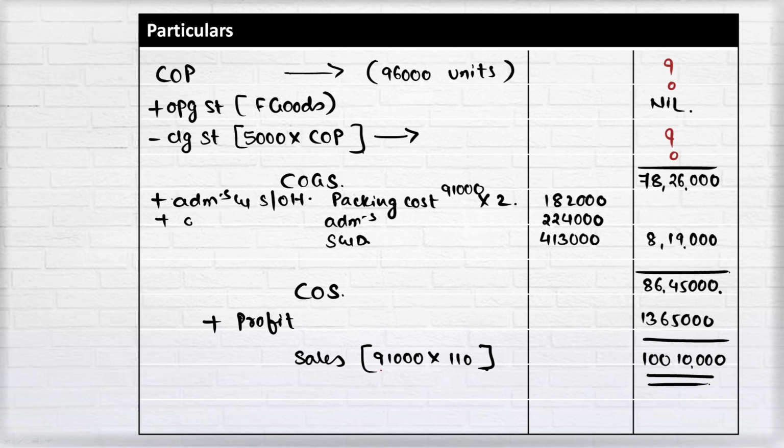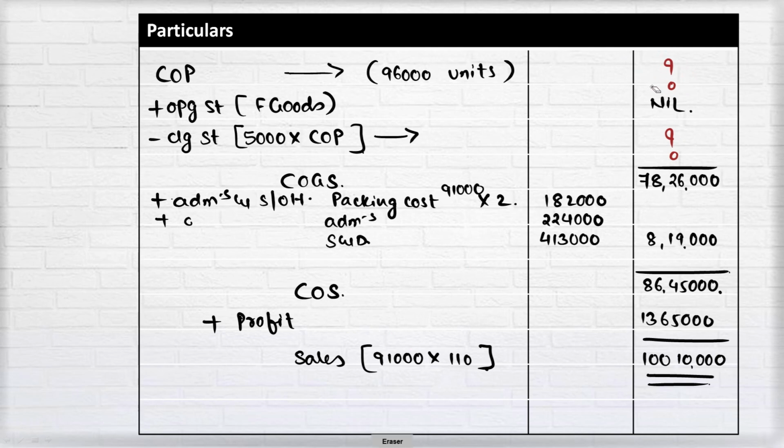If one of the figures was available, I could have found out COP. Like if a closing stock figure was available, say it was 26,000, then I could have understood that this is 78 lakh 26,000 plus 26,000. But both figures are missing.